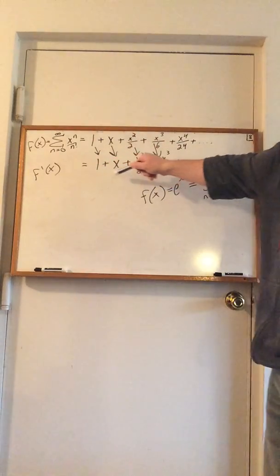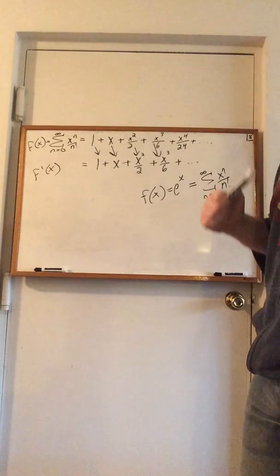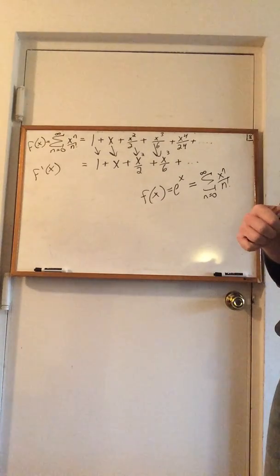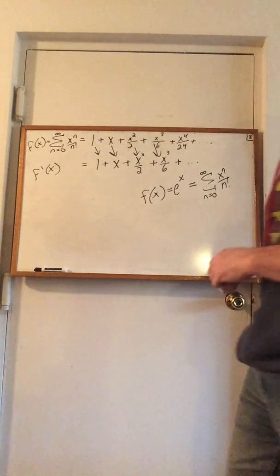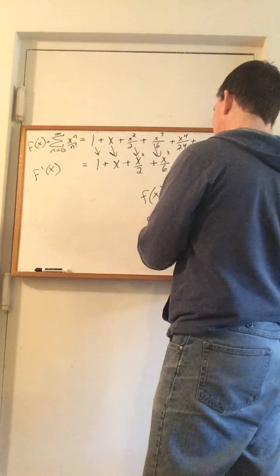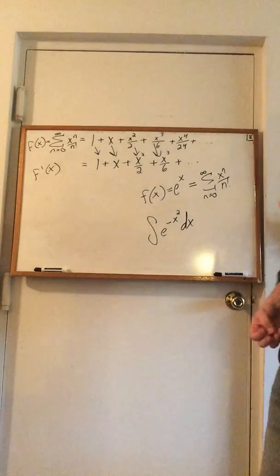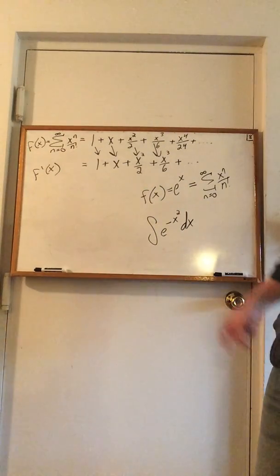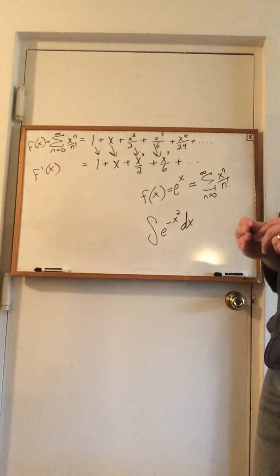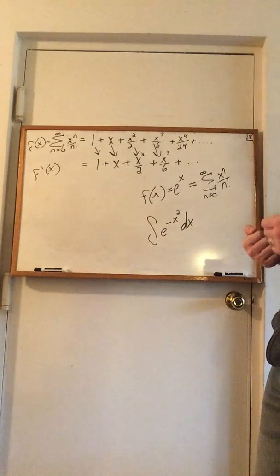But clearly, if I differentiate this, I can also integrate it. And now your brain should start to say, wait a minute, does that mean if I wanted to integrate some function, maybe e to the negative x squared? I think several of you mentioned that in your physics class, Mr. Brickman mentioned this function right here and said you couldn't integrate it, which is true. You can't integrate that.